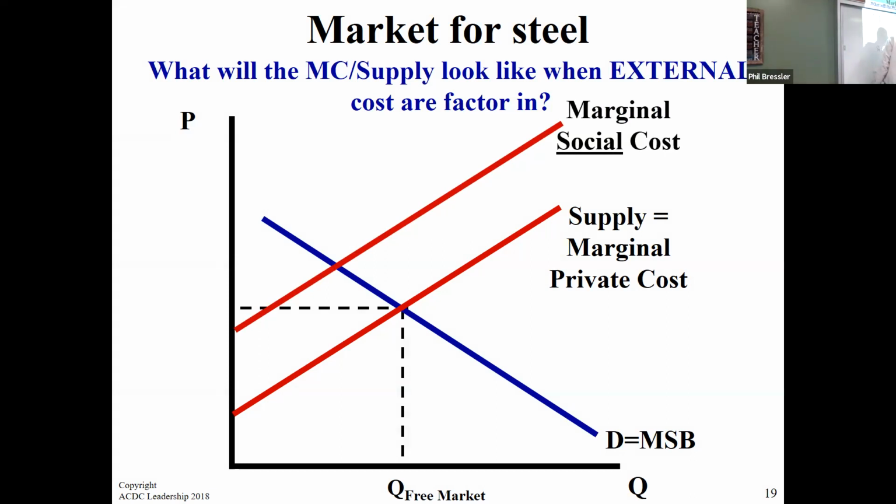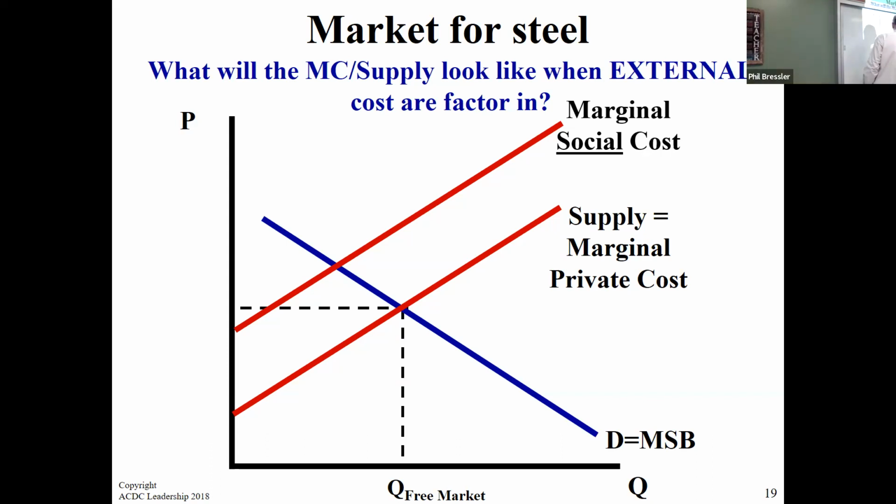If I draw this line straight up, that's the external cost. What do I mean by that? That's the cost of pollution that the steel company does not take into their prices. The steel company doesn't care about the cost of pollution, they're not going to pay. So that is the cost of pollution for society.